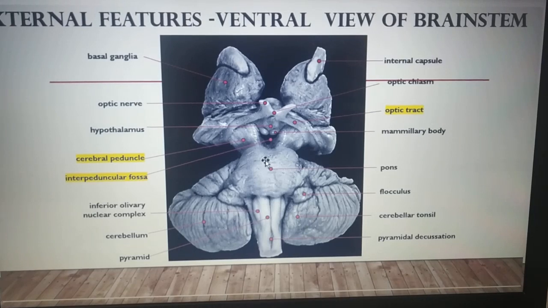If the fibers go from the cortex to the spinal cord, they are called corticospinal fibers. If the fibers go from the cortex to the motor nuclei of the cranial nerves, they are called corticonuclear fibers. So altogether, the first structure is the cerebral peduncle or crus cerebri.